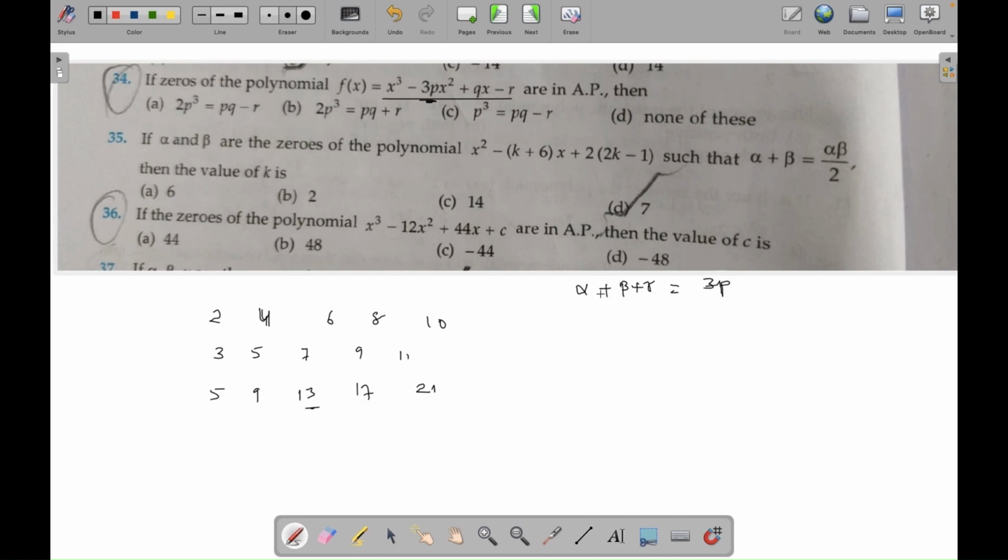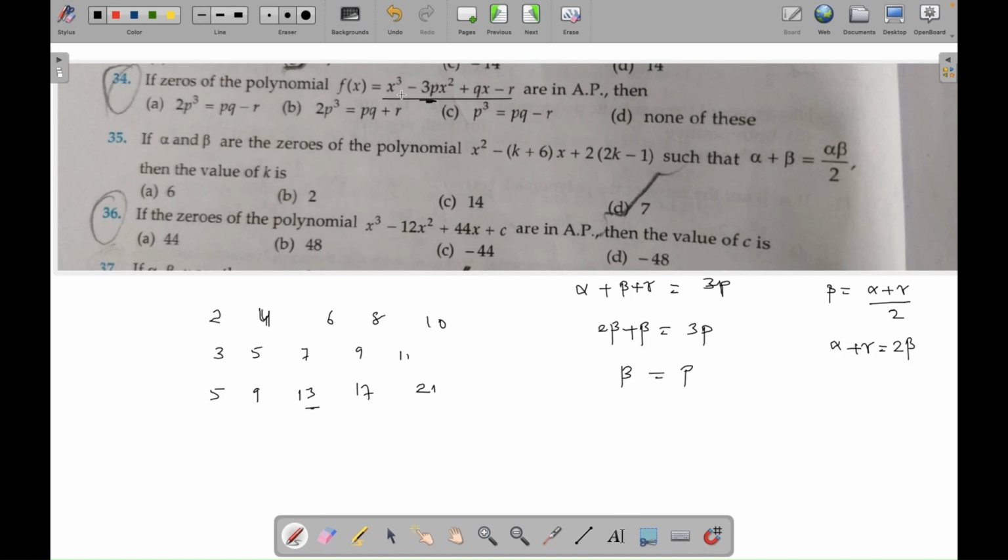And since alpha, beta, gamma are in AP, we can write beta is equal to the average of alpha and gamma, what we have already seen. So alpha plus gamma upon 2. So alpha plus gamma will be equal to 2 beta. So instead of alpha plus gamma, I can just write 2 beta. So 2 beta plus beta is equal to 3p. So beta will be equal to p, right?